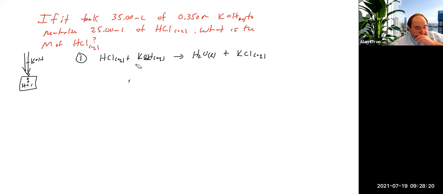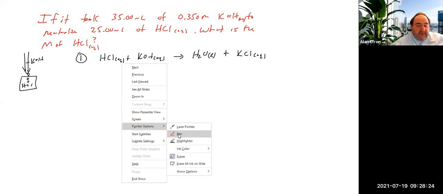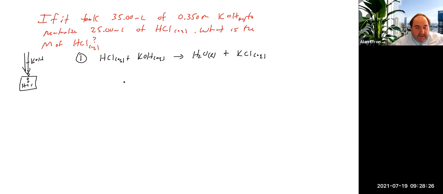Now that we have it balanced, we want to think about the information that's given to us. If we pull out the information, we see that for HCl, we have 25 milliliters, and we are looking for the molarity of it. For KOH, we have 35 milliliters, and we're looking at 0.35 molar. Out of these two reactants, we really only have enough information to get to moles of KOH.